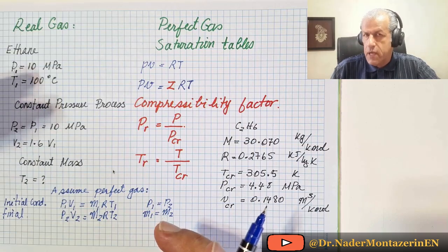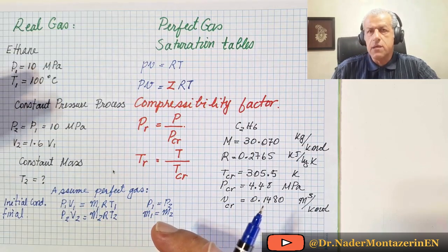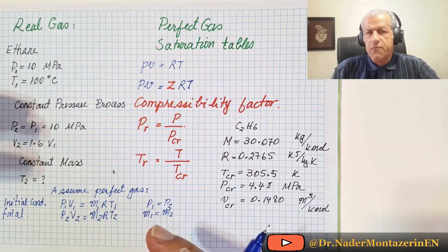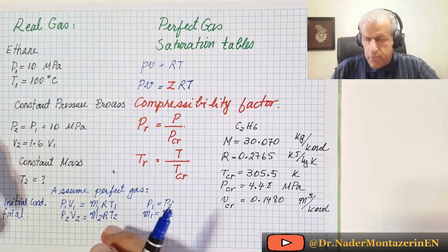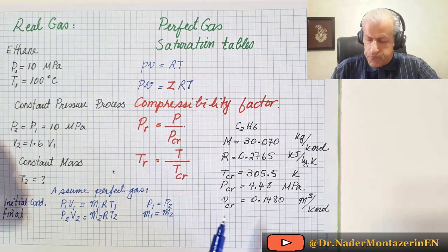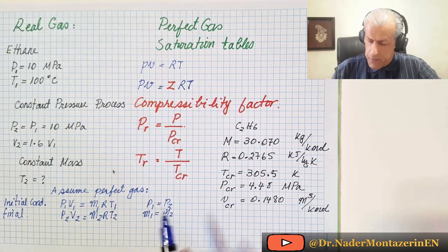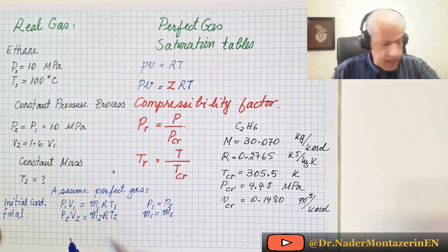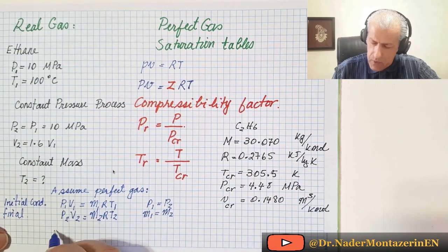I haven't forgotten my basic way of solving problems, but I have assumed just the system of ethane and its properties. Since mass and pressure remain constant, V1 over V2 equals T1 over T2.